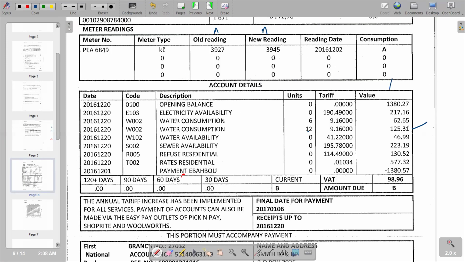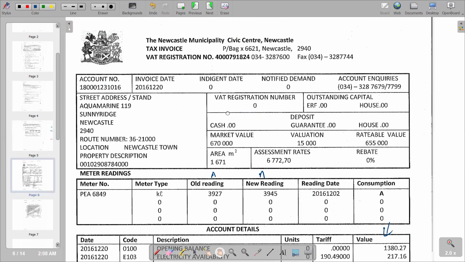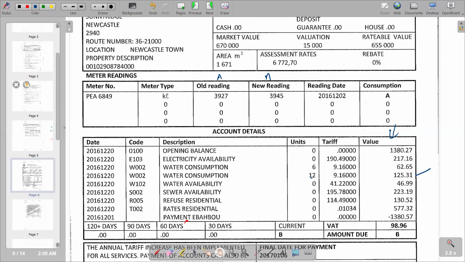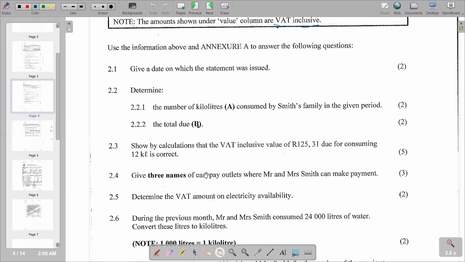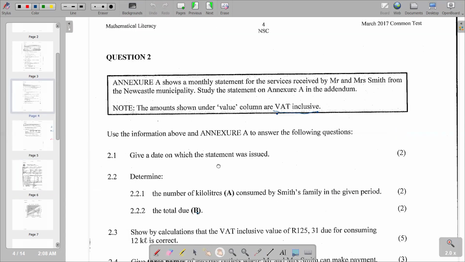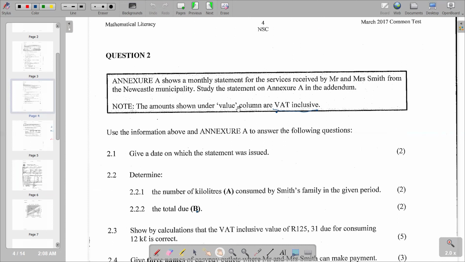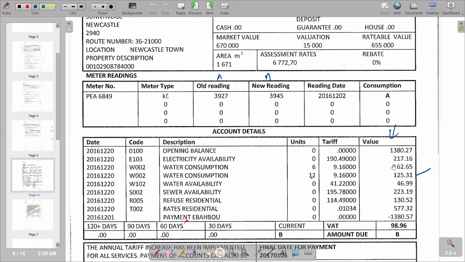Remember the instruction that we are given at the beginning in the question. They are saying that the amounts shown under the value column are VAT inclusive. So it means under the value column is this one, that's why you've got VAT inclusive. This figure is VAT inclusive, but the figure that we've calculated is exclusive.